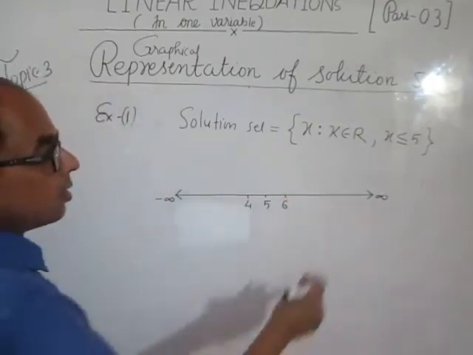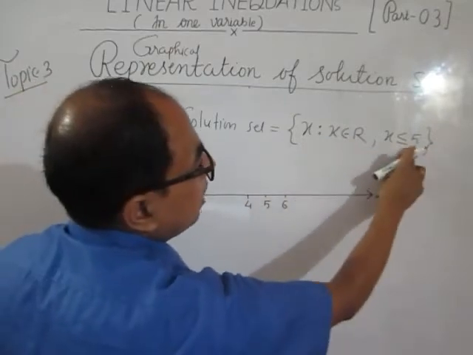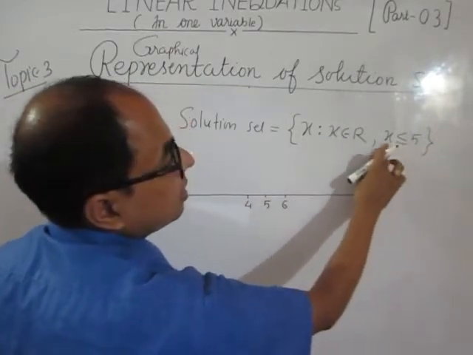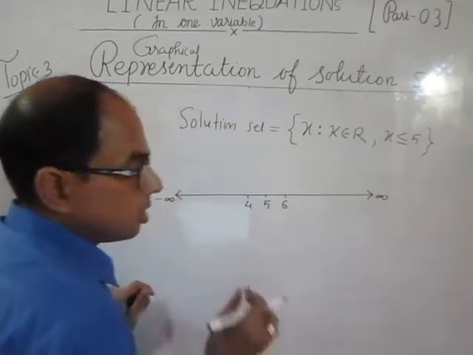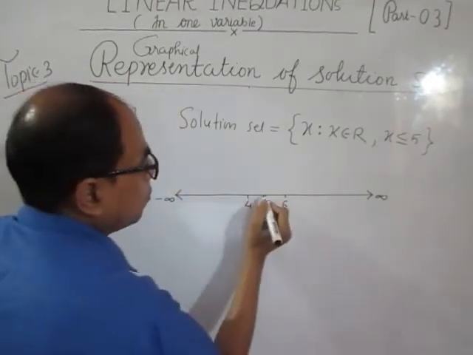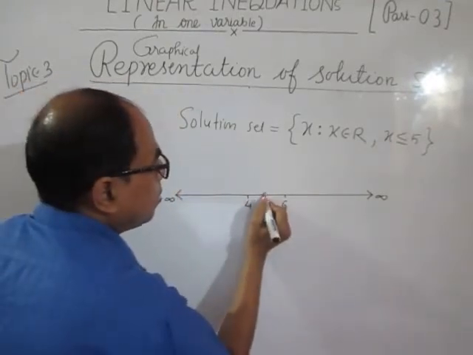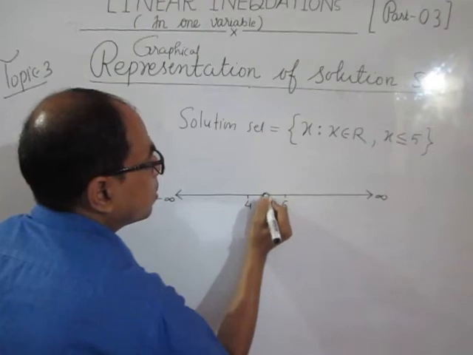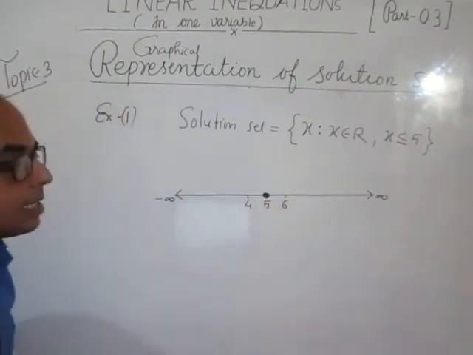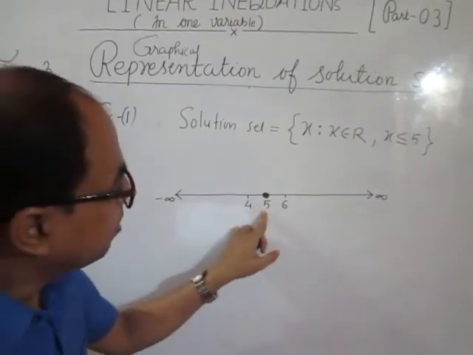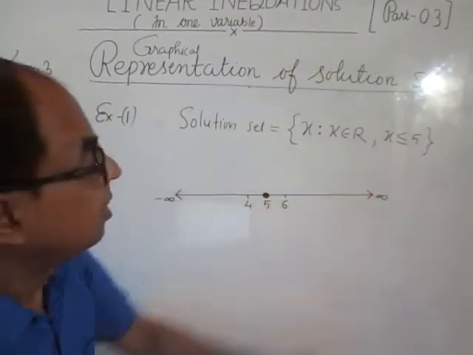Now next point is this end point is included because x is less than or equal to, that means this point is included. So for that you can use solid ring. This solid ring indicates that this 5 is included in the solution.